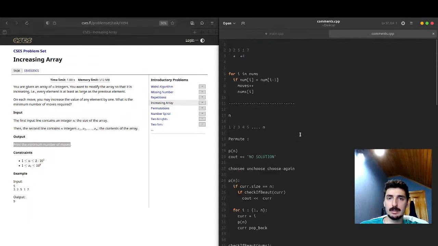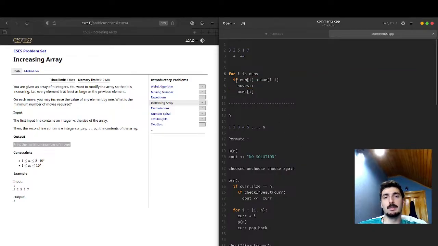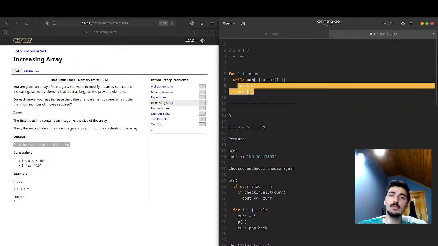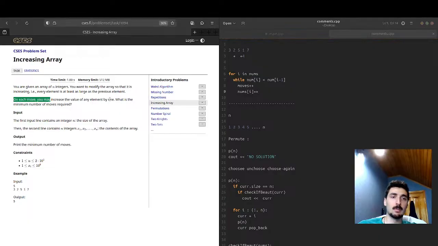So this is how we implemented this problem. We just iterate over the numbers, and if we discover, or maybe this should be while, if we discover a number that is not in an increasing order, meaning that its previous element is bigger than the current element, we should increase the moves, and we should increase the nums as well by 1, because a move is incrementing a number by 1.